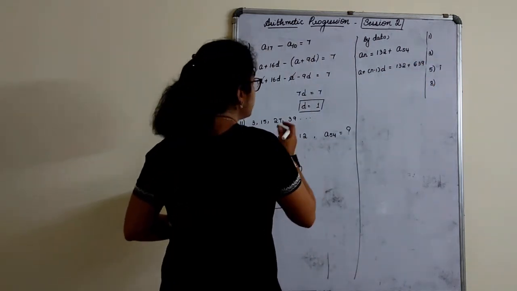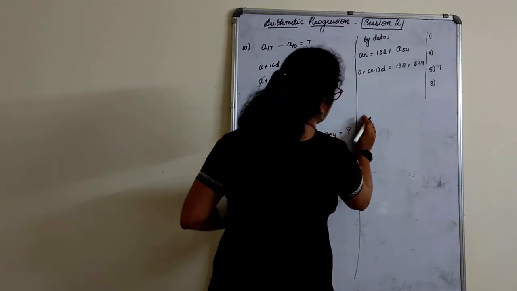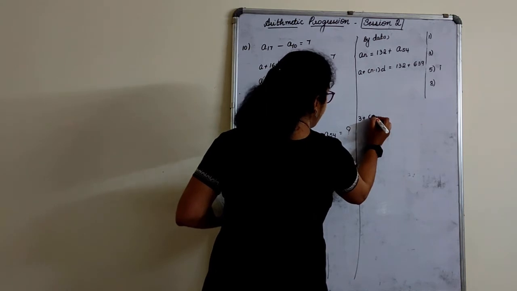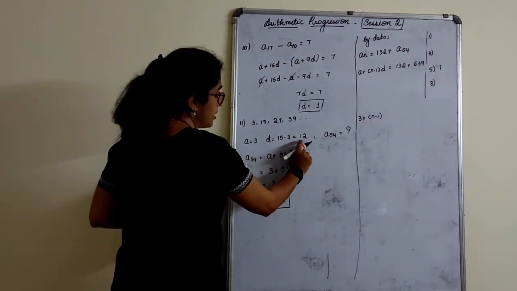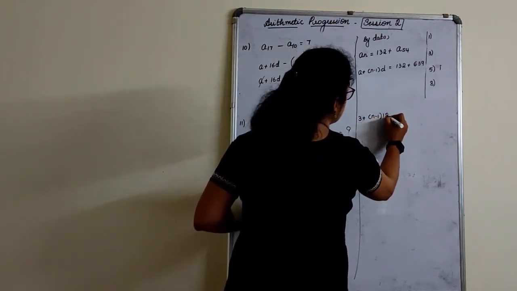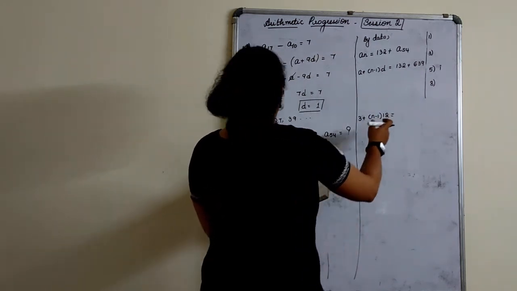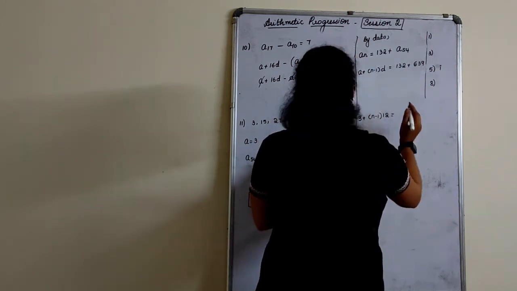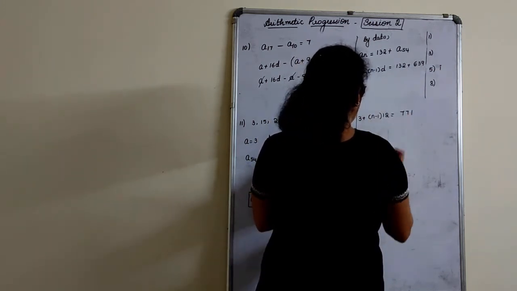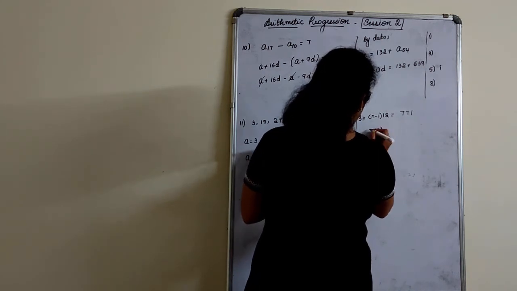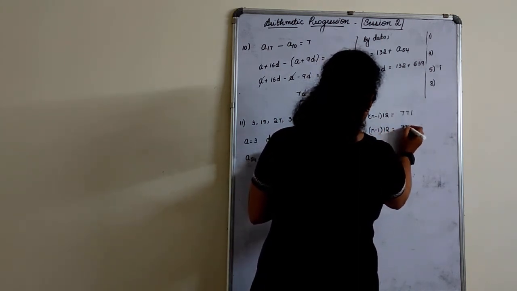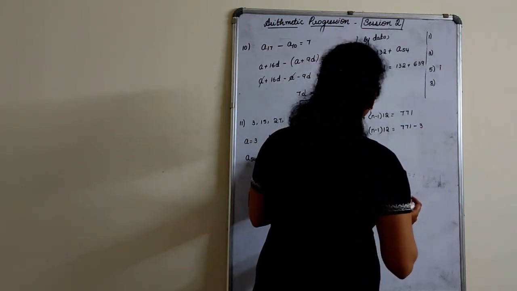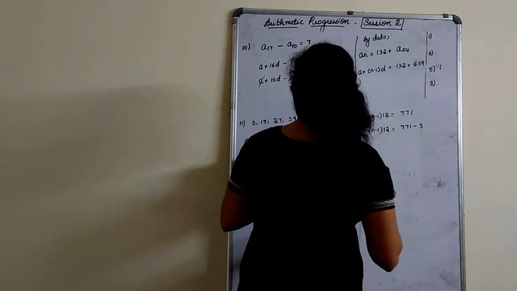What is A? A is the same. A is 3 here. I'll solve here, children, because I have very little space. So A is 3 plus n minus 1, we have to find. What is the common difference? Common difference is 12, right? The same as what we tried doing there. It's the same thing here. What do we find? 639 plus 132 will give you 771. N minus 1 of 12 is equal to 771 minus 3. Let me just check here.